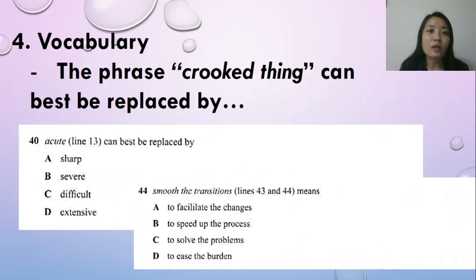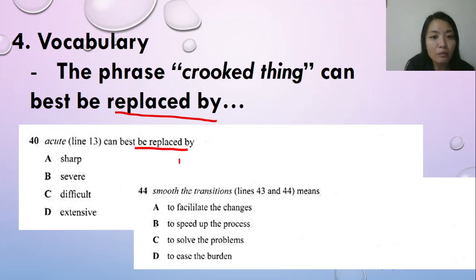And then they also like to ask you on vocabulary. For example, the phrase crooked thing can be replaced by what? So in the sample in text 6, in the past year question, acute can be replaced by smooth the transition means. This is only from the same text, they ask you these two kinds of questions on vocabulary.